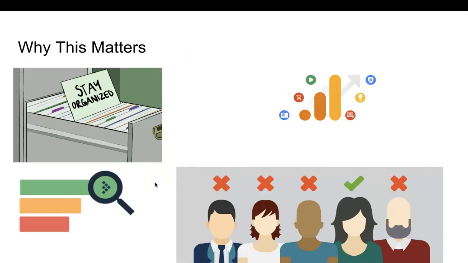So you may be wondering, why does the campaign structure even matter? Well, in order to understand why this matters, you need to understand the structure. So we have the campaign, the ad set, and then the ad. Basically, this helps you stay organized.